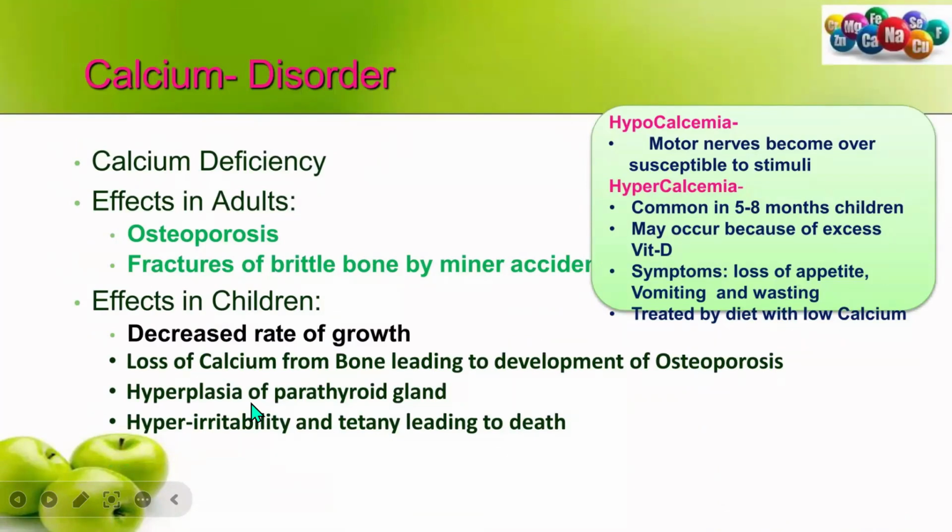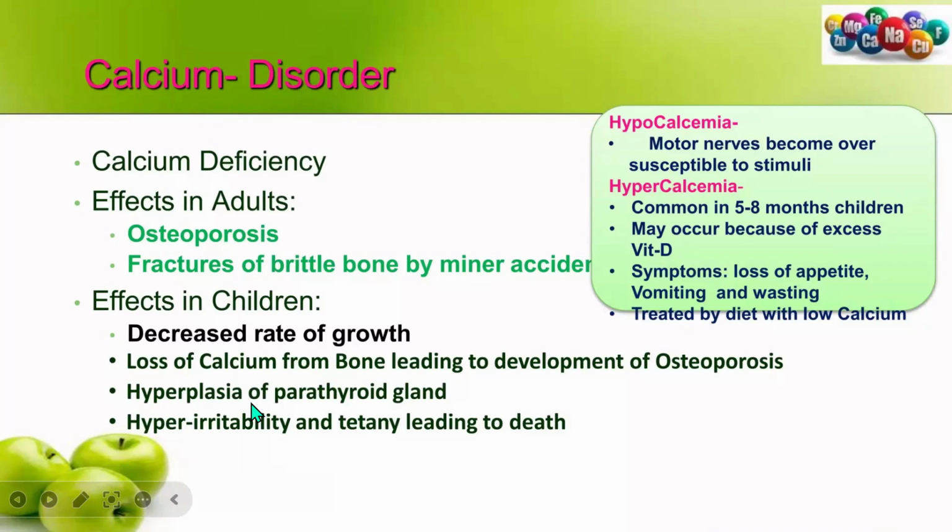That is a disease associated with bones. It is fractures of brittle bone by minor accidents. So with just a simple accident, the bones can easily break. So that will be a brittle bone.